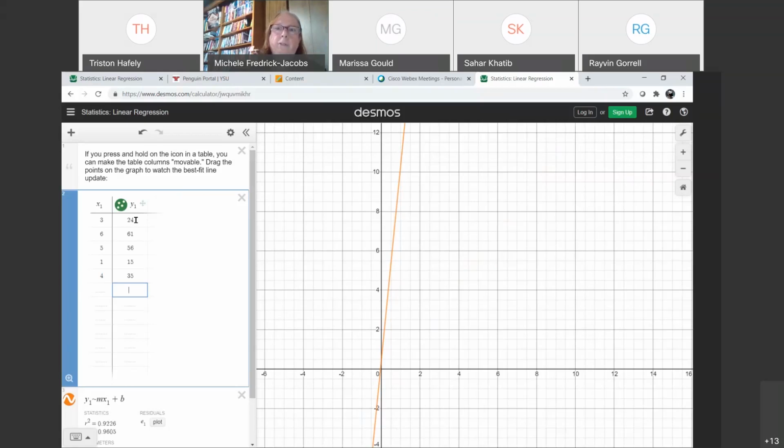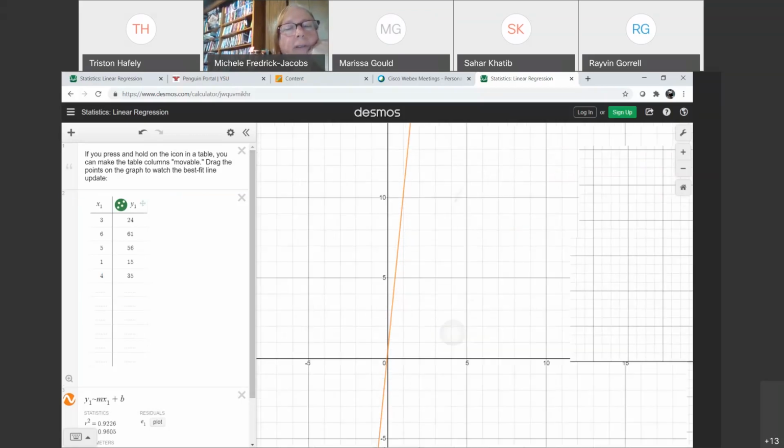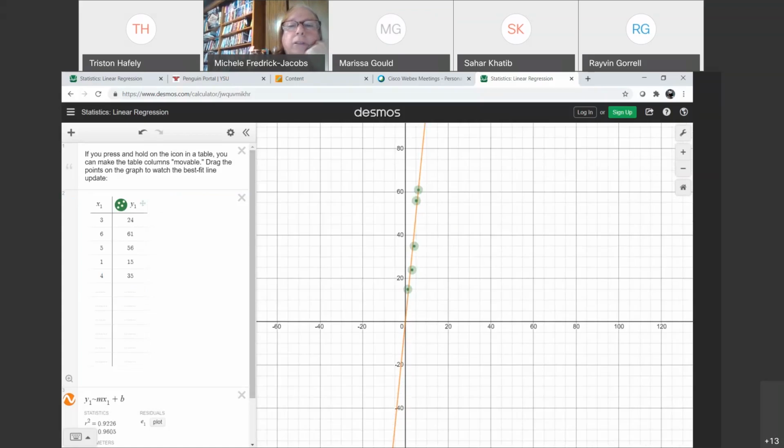Now notice it's not showing any of the points. The reason it's not showing the points, notice these numbers, this is only going up to 12. So you need to shrink it. There should be a plus or a minus. I just use my fingers because I have a touch screen.